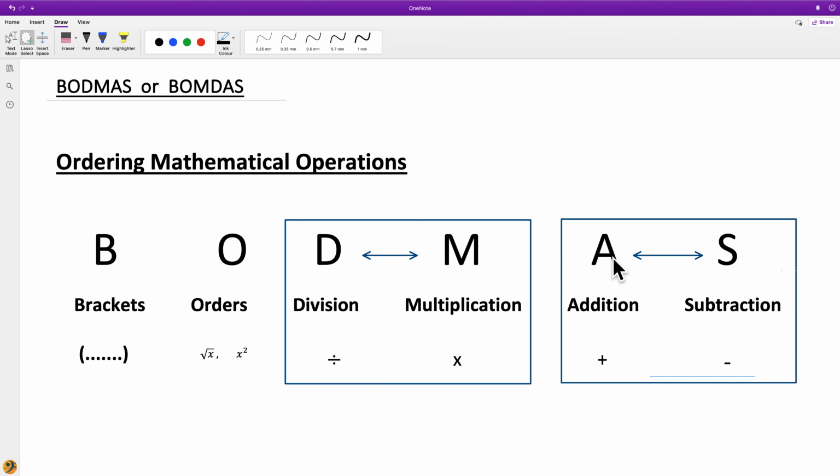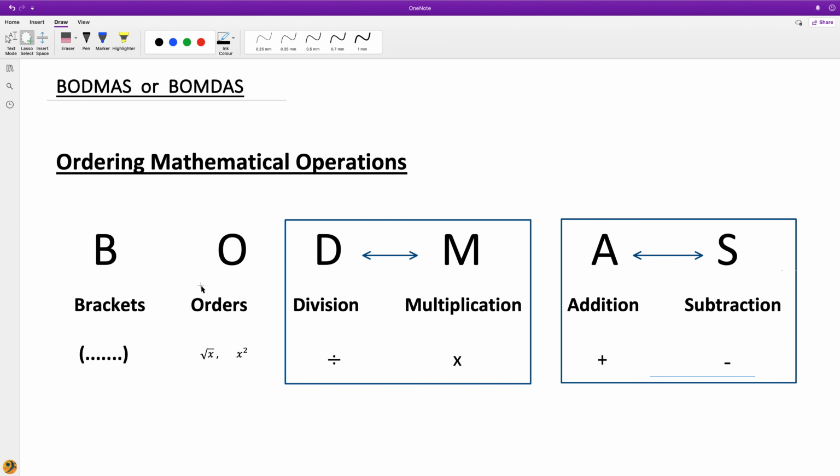Then we have addition, adding two numbers together, and subtraction. Once again, these are a bit interchangeable. Basically, addition and subtraction are the lowest ranked order. Division and multiplication are higher, so they get performed first.